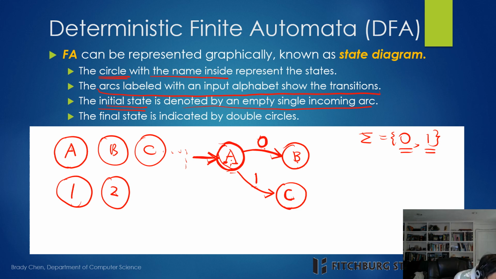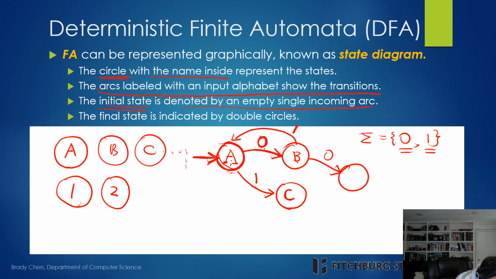Now the final state is indicated by a double circle. So let's say we define the finite automata. B combined with 0 goes to D, and B combined with 1 goes back to A. That's totally legitimate.